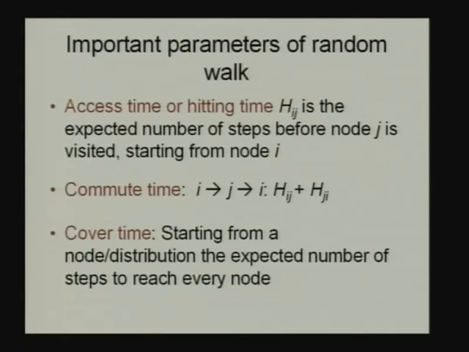And commute time is, you are currently at i, what is the expected number of steps in which you will go to j and then come back to i. And clearly the commute time is the sum of Hij plus Hji, right. Now, can you relate commute time and access time to something interesting that you know, say in P2P networks?